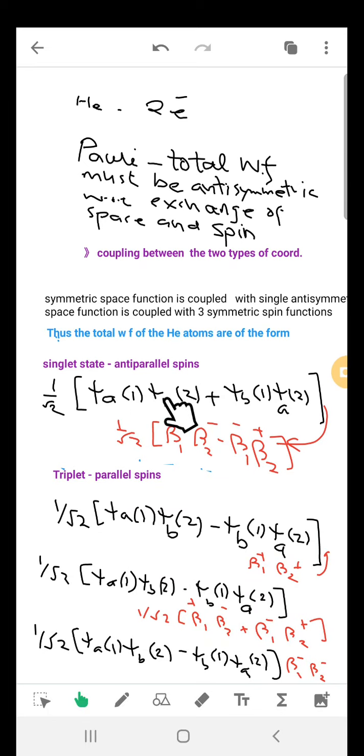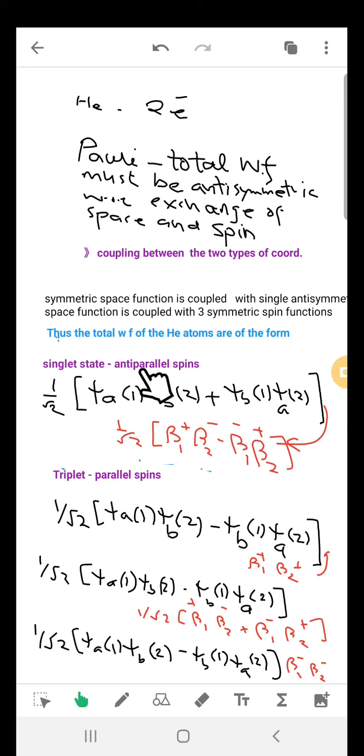This is called a symmetric space function. It is combined with the antisymmetric spin function, with plus for up spin and minus for down spin. So plus and minus becomes minus and plus. If we exchange the spins, the value will become negative. That is why it's called antisymmetric.